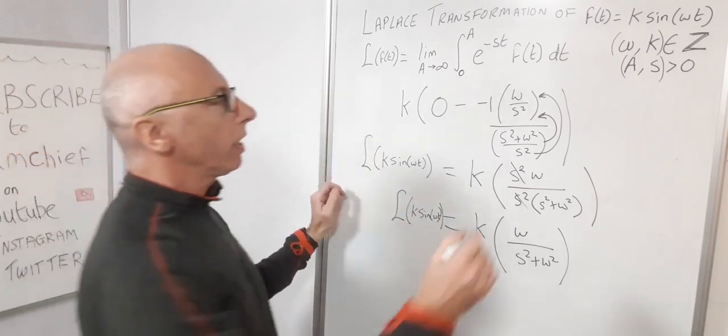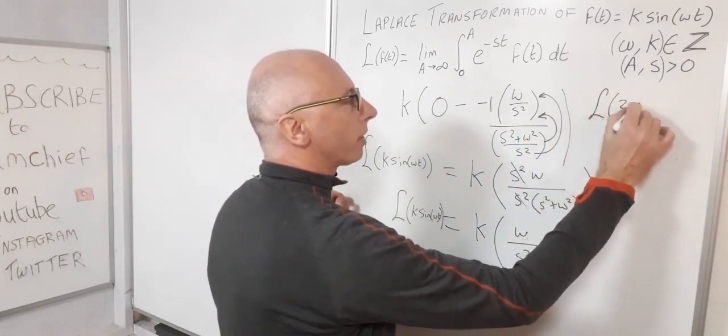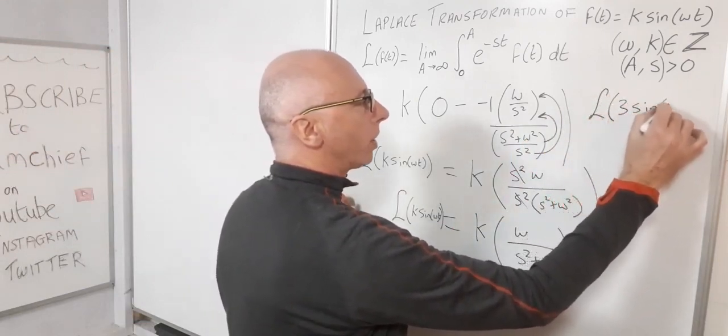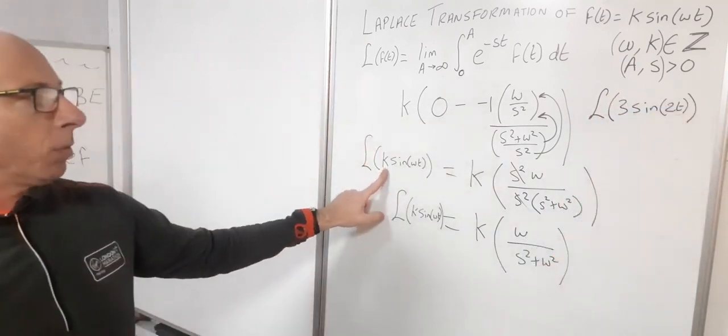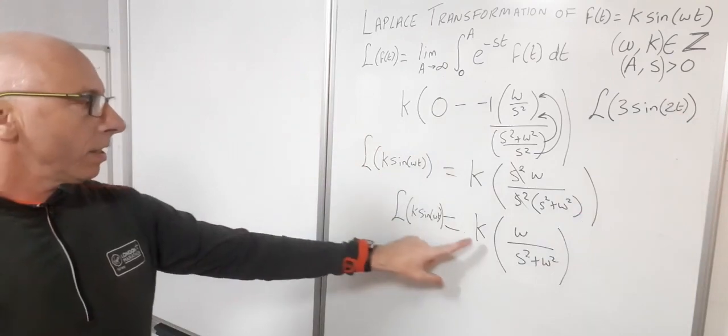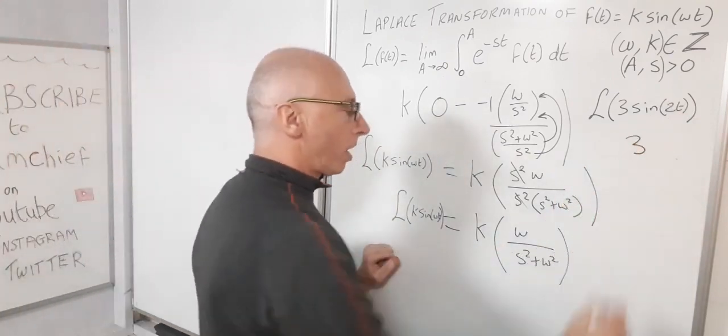Now a couple of examples of what this could be. We could have the Laplace of 3 times the sine of 2t. K will be 3, so that will go with the top. So we'll have a 3 on the top.